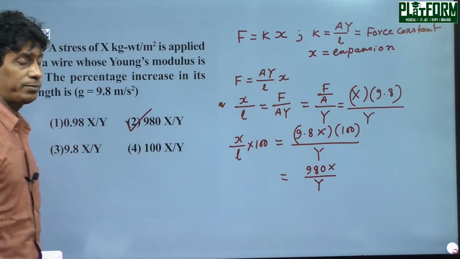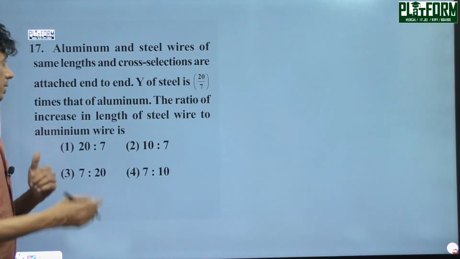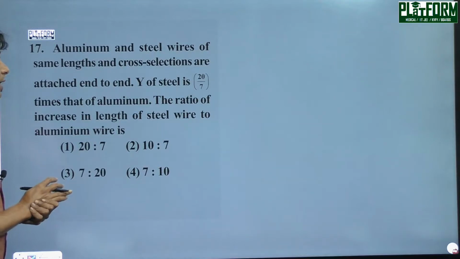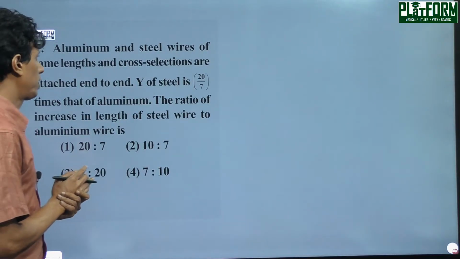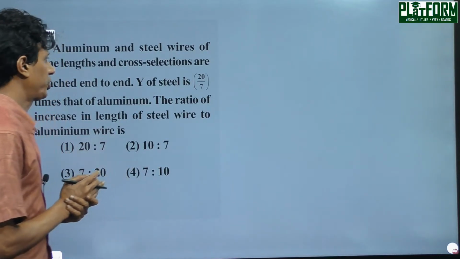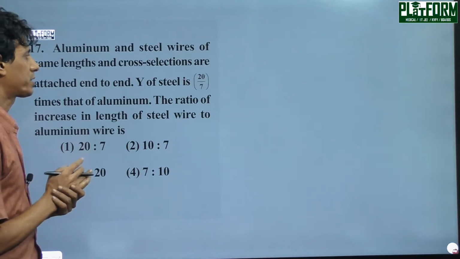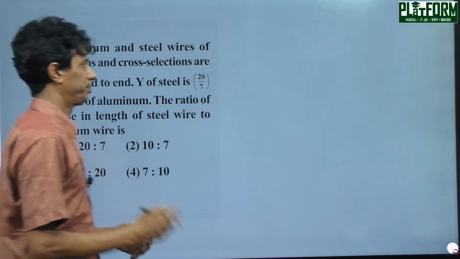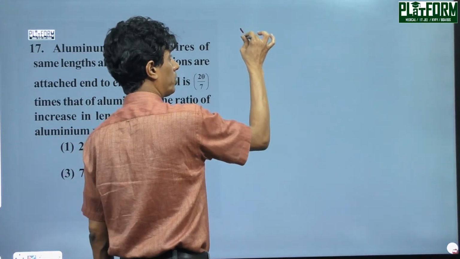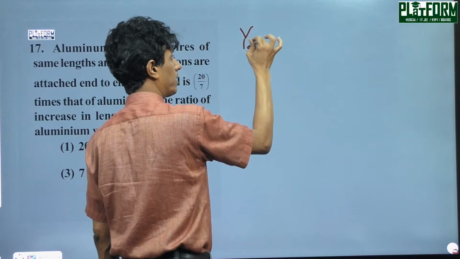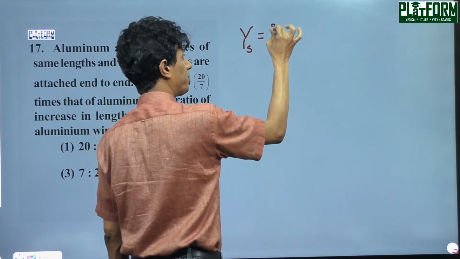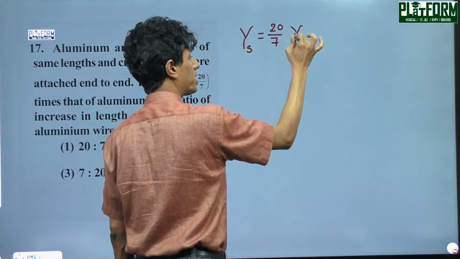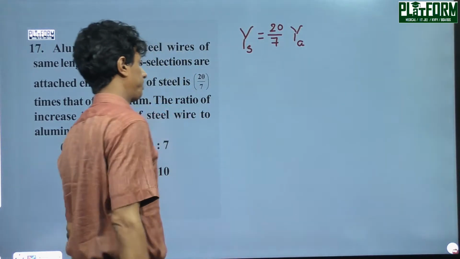And the next problem, question number 17. Aluminium and steel wire of same length and cross section are attached end to end. Y of steel is 20 by 7 times that of aluminium. So Young modulus of steel is 20 by 7 into Young modulus of aluminium.